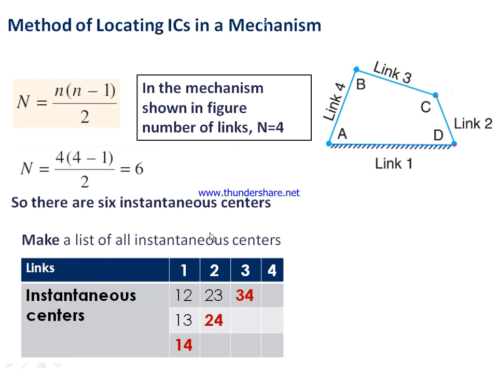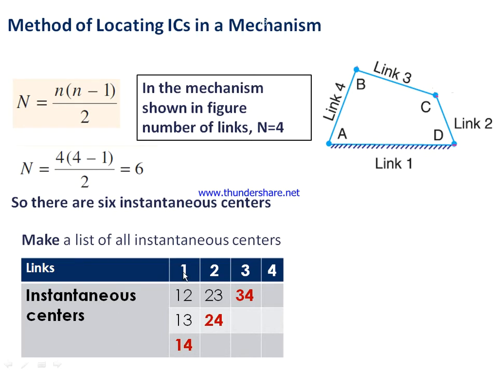Now what are those different instantaneous centers? There is a simple method or rule. Prepare a table like this, with link numbers 1, 2, 3, 4, and in these cells we will write the different instantaneous centers. First we shall fill this column.